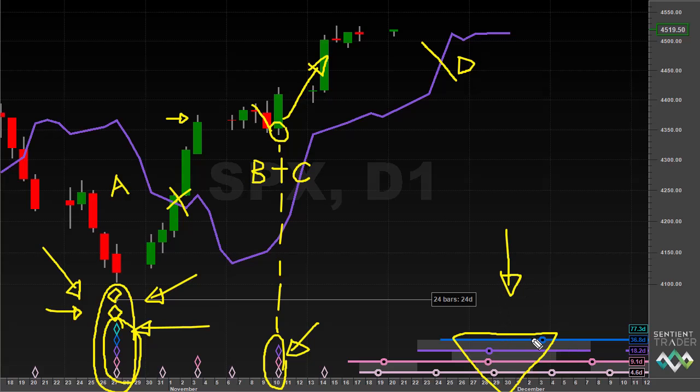The nest of lows is made up of the circles and whiskers of each one of these cycles.